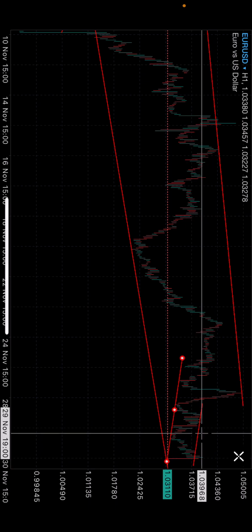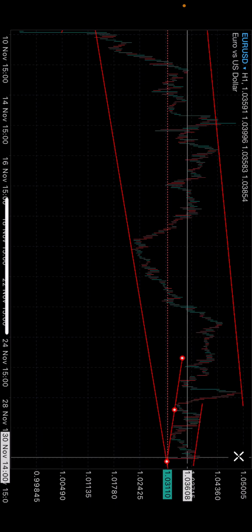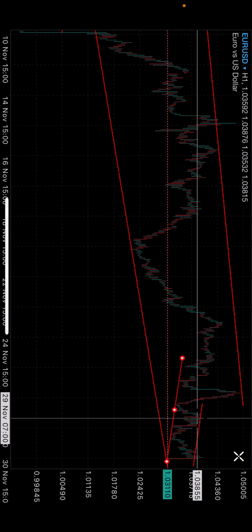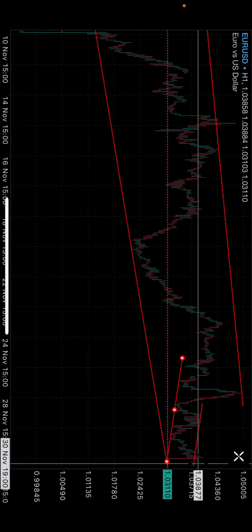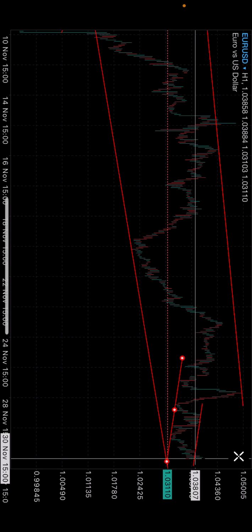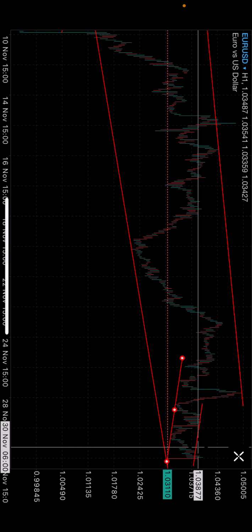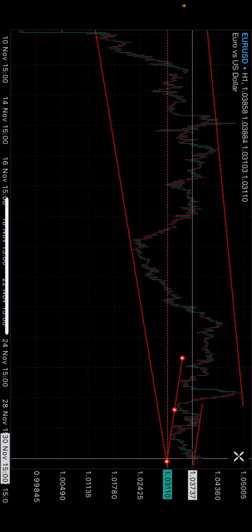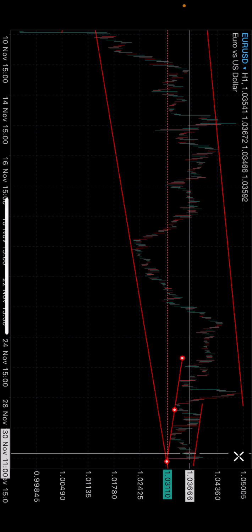So the market could not break this, it wasn't going to go up again. It would go up and stop here, go up and stop here. So you must come to notice zones like that, because if the market is respecting that zone, just know there's a reason why the market is respecting that zone.